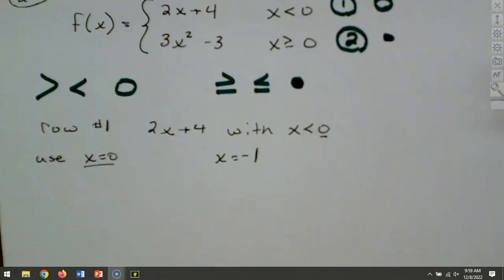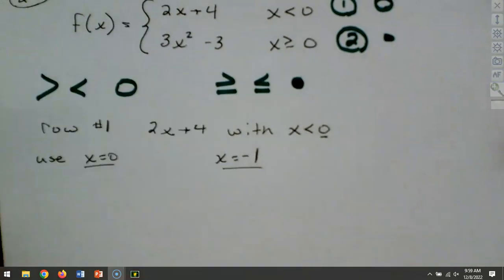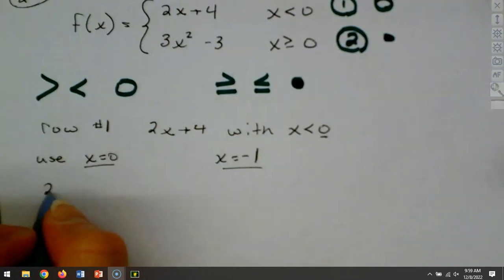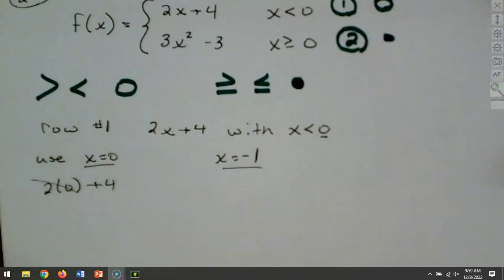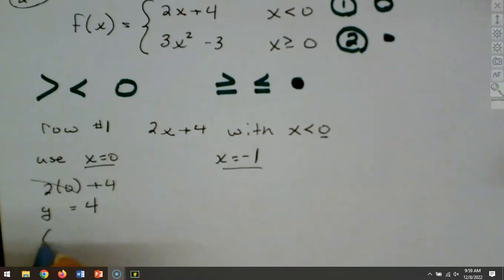Plug that -1 in to the first one. And plug the 0 into there as well. So let's plug in the 0 for the x. And that's 2 times 0 plus 4. 2 times 0 is 0. That gives you a 4. That is your y value. So we have a point now at 0, 4.